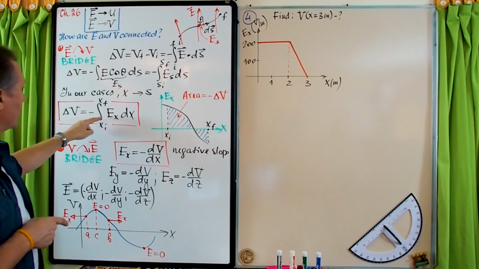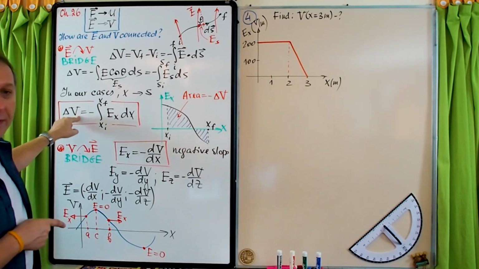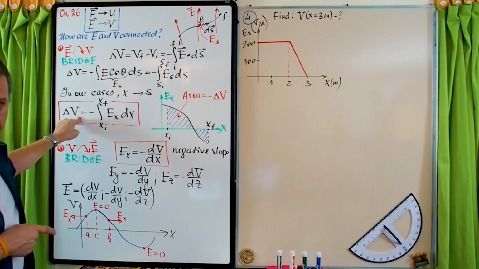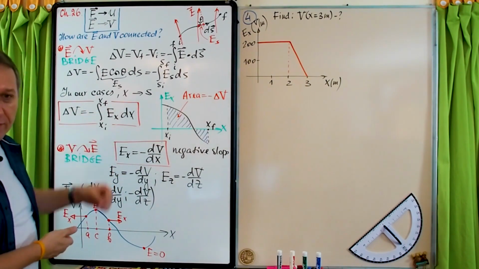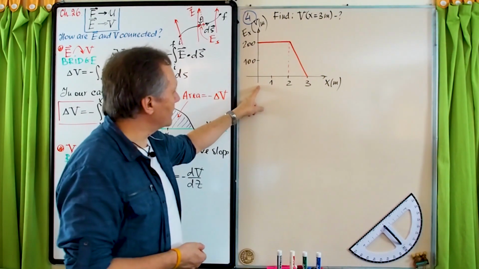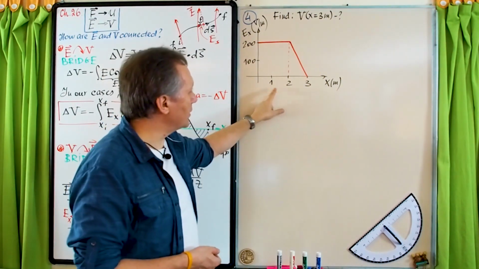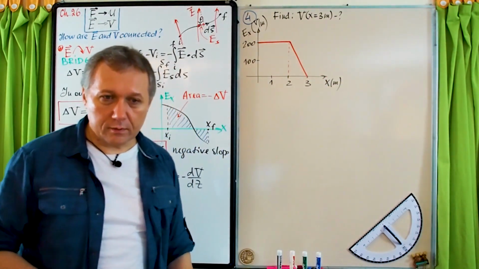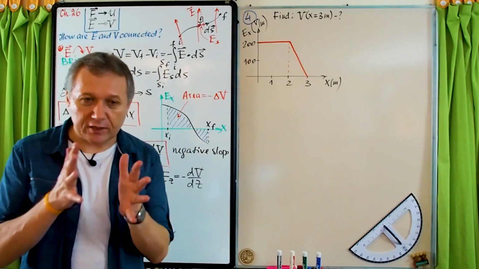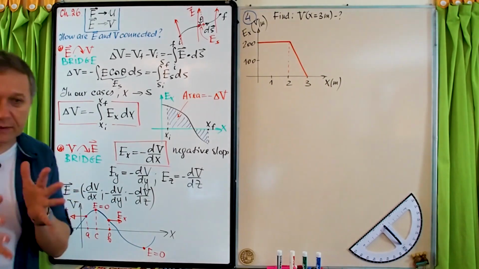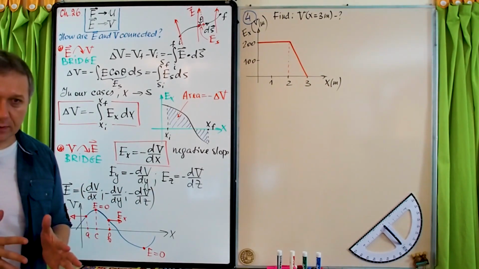But as a result, it will allow me to find the potential difference only between whatever points I pick as my initial point and my final point. I can pick this as my initial point and this as final, or this initial and that final. But I will never be able to find the value of the electric potential. Every time I would be able to find only delta V, the potential difference.